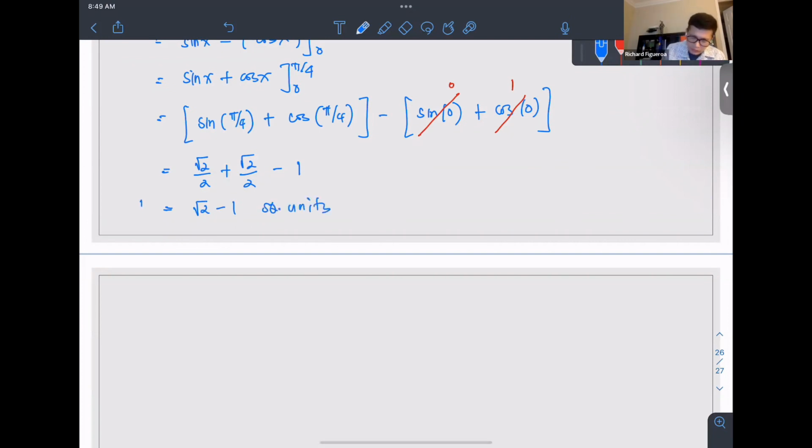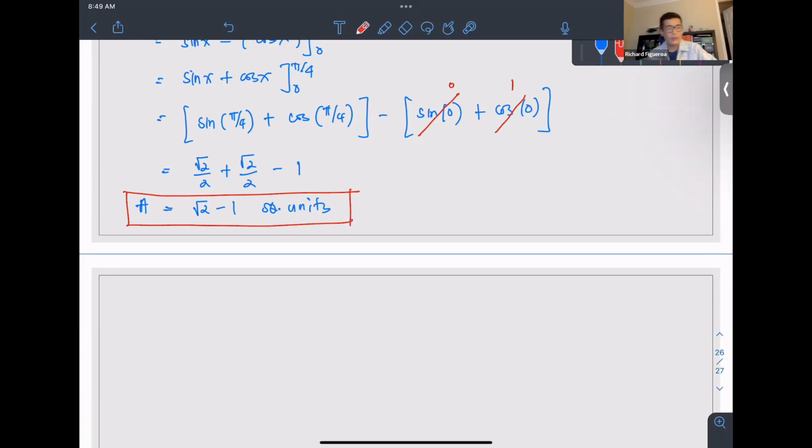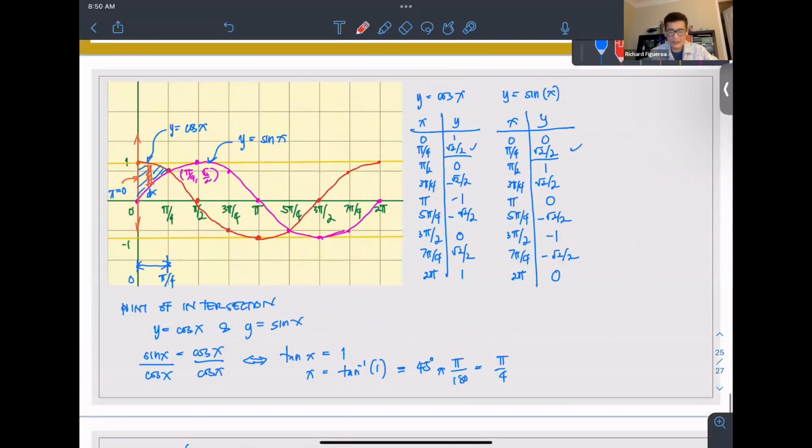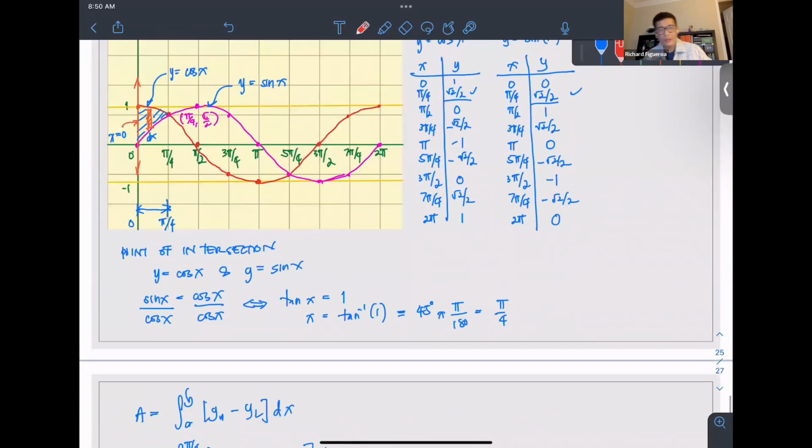So the square root of 2 minus 1 square units would be the area bounded by the cosine, sine, as well as the x-axis. And that is all about area involving curves in rectangular form.